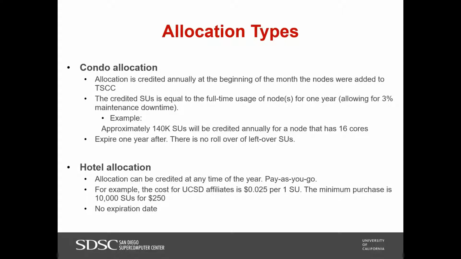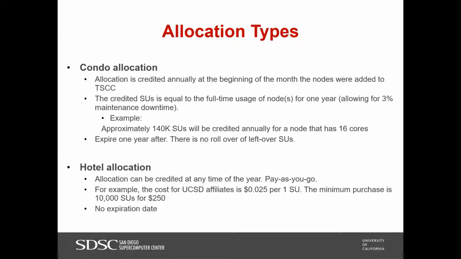A condo allocation is created annually, at the beginning of the month that nodes were added to TSCC, and we have an equation to calculate how many SUs can be created each year. Those SUs expire one year after, so there's no rollover of leftover SUs.